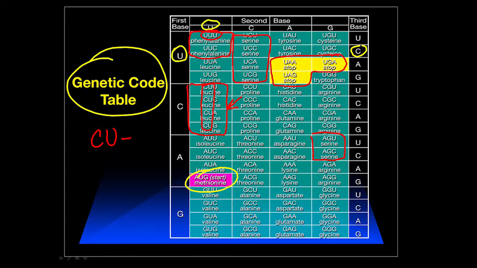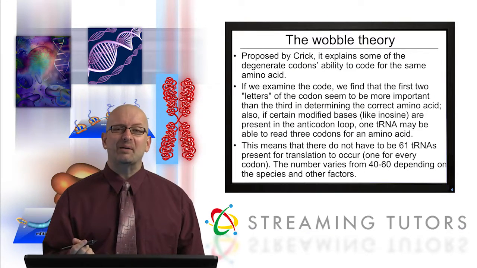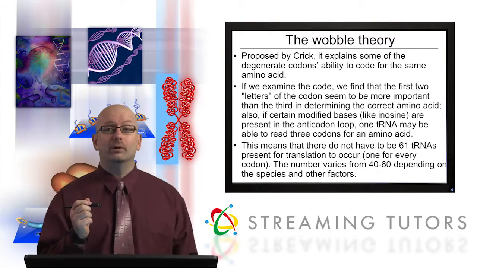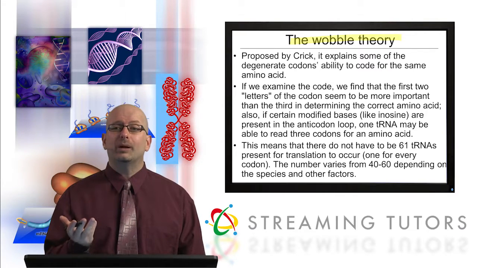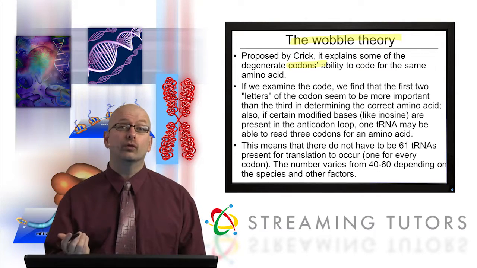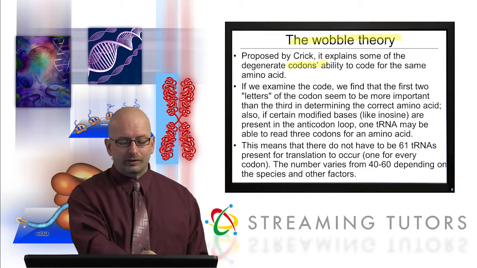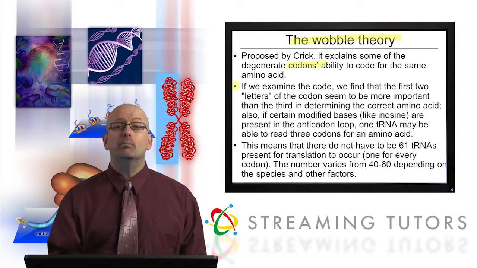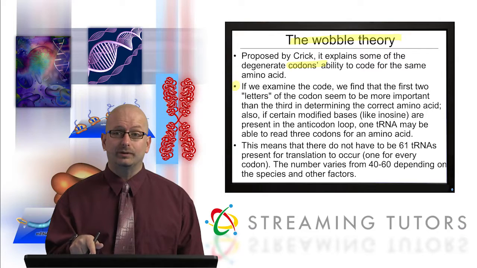So this is important, and it led Crick, who is very prominent in these things, to propose what he called the wobble theory. He said that it explains some, not all, of the degenerate codons' ability to code for the same amino acid. Because, as we just saw, it seems that the first 2 letters of a codon, in many cases at least, are more important than the third one in determining the correct amino acid.